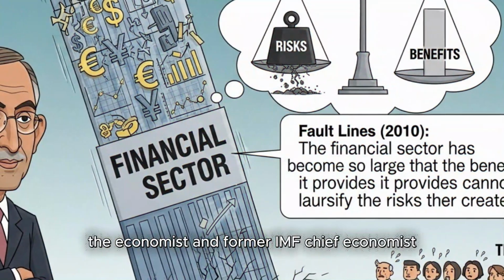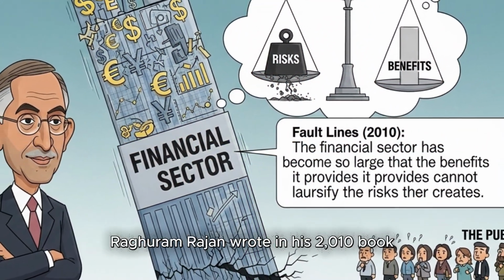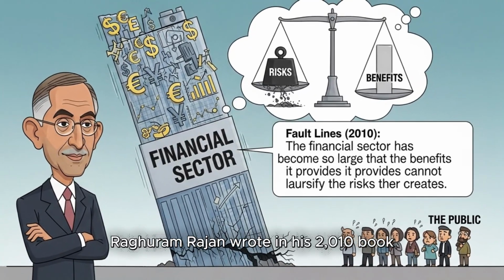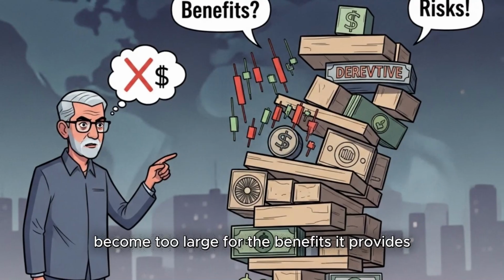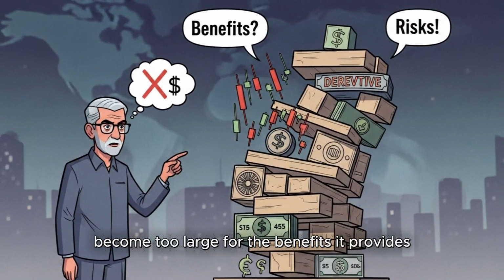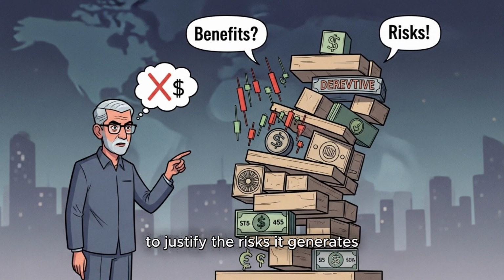The economist and former IMF chief economist Raghuram Rajan wrote in his 2010 book, Fault Lines, that the financial sector has become too large for the benefits it provides to justify the risks it generates.